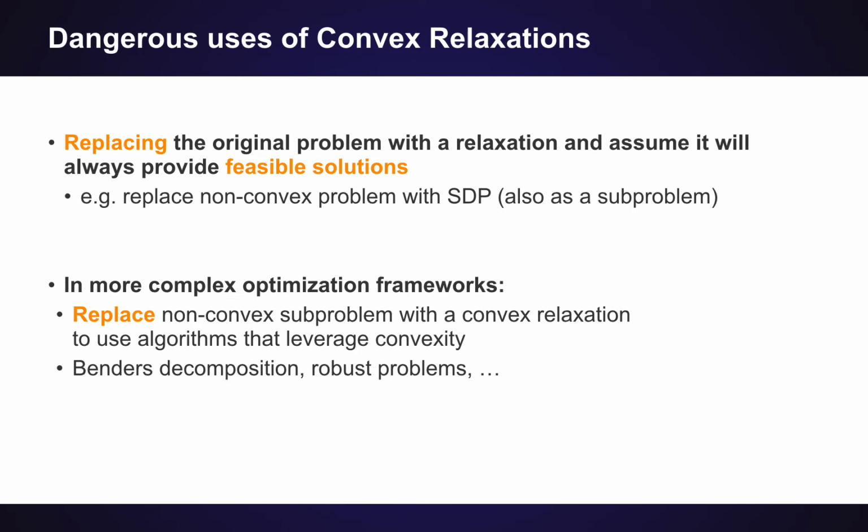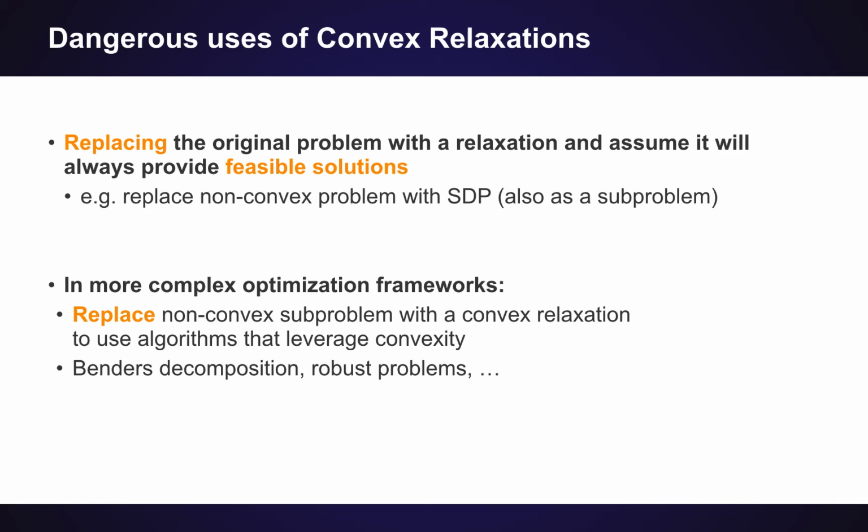Another thing is if you take a convex relaxation and use it in a more complex optimization framework, so that could be, for example, a multi-stage problem, a problem where you use decomposition, a stochastic problem, or a robust problem. What some people do here is that they would replace the non-convex subproblem with a convex relaxation.